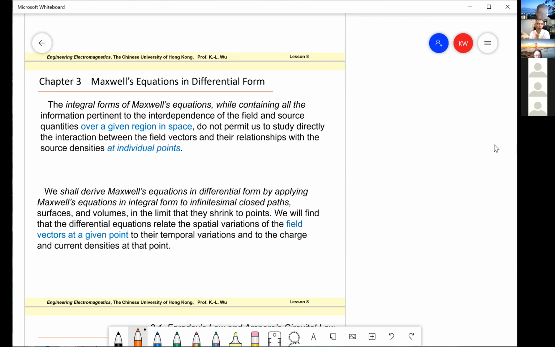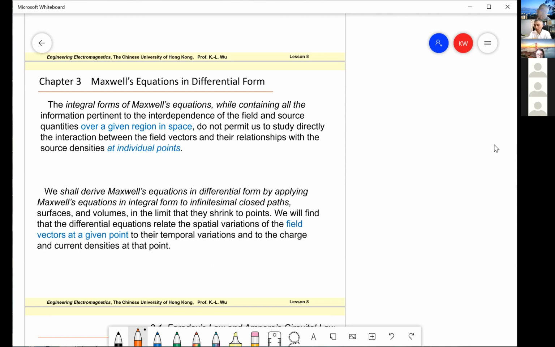In my career, and also from what I can observe from other people's research, nobody solves electromagnetic problems using integral form. However, integral form is a good starting point, by all means.